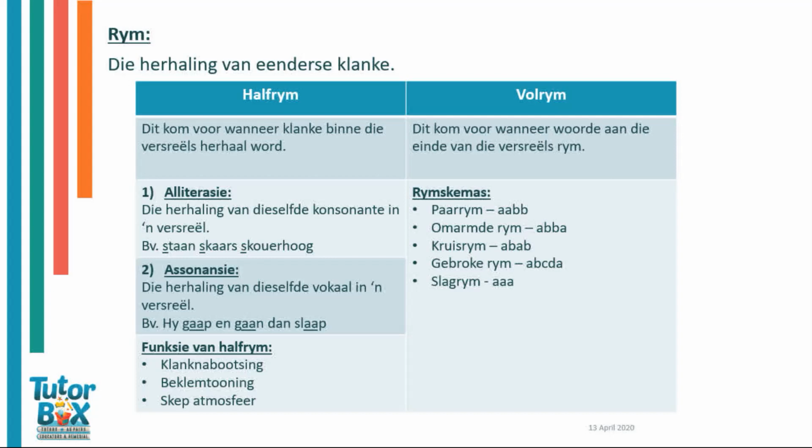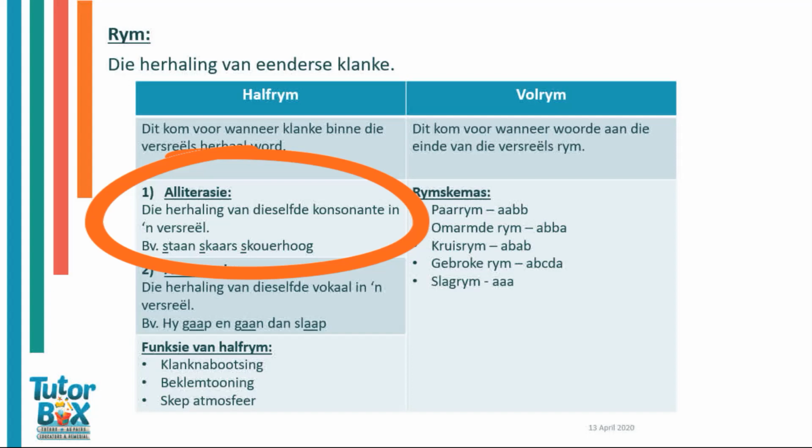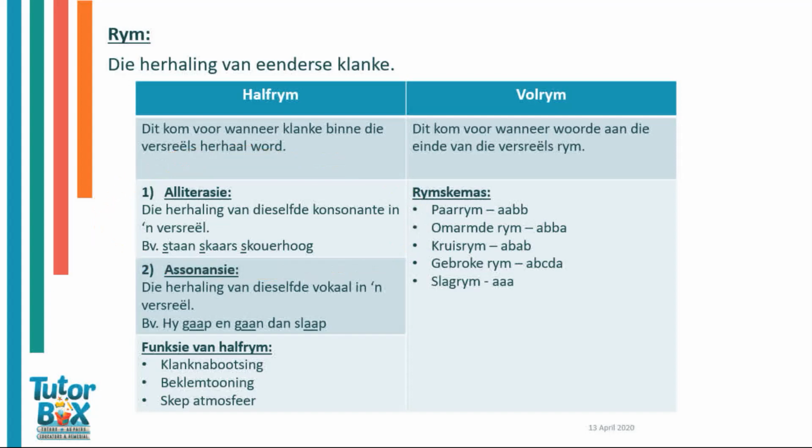Okay, by halfrym, you get alliterasie en assonansie. Okay, so that is halfrym. Alliterasie is die herhaling van dieselfde konsonant in 'n versreël. Okay, staan, skaars, skouer, hoog. So it is s, s, s. Okay, so that is the repetition of a consonant in the versreël.